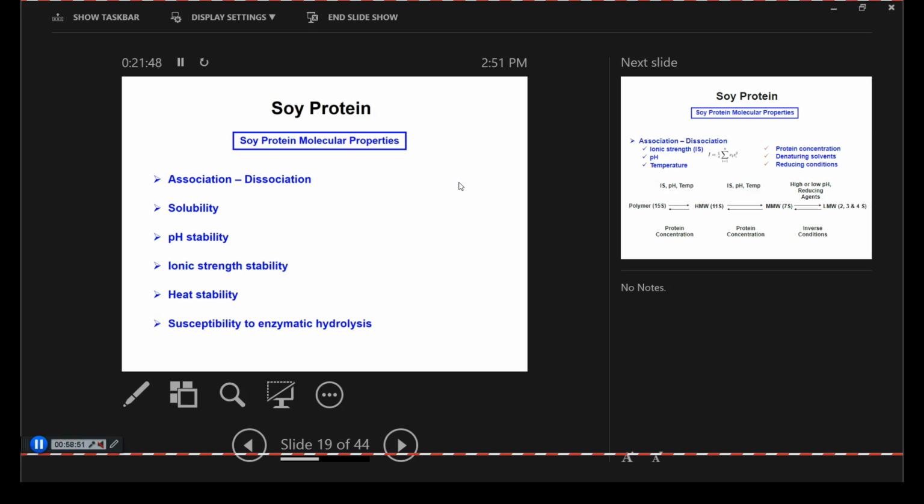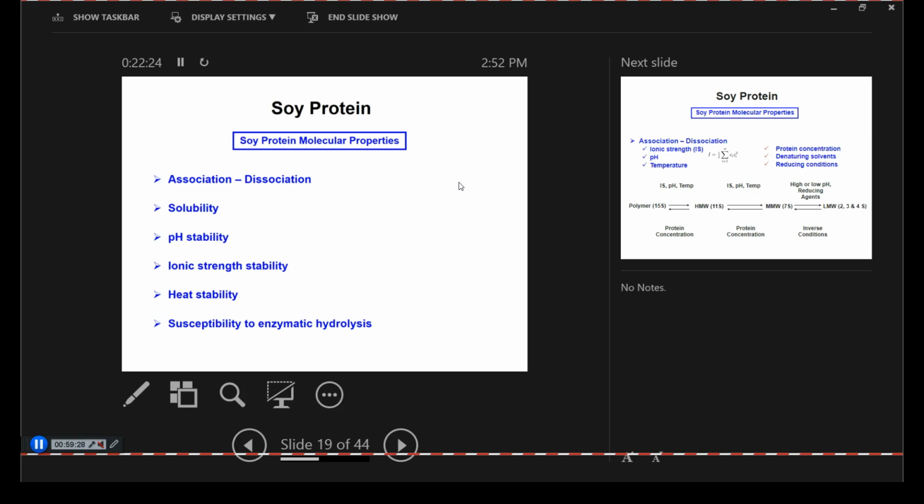With susceptibility to enzyme hydrolysis, I'm not sure if I have a separate slide on this, but I just want to mention what I mean here is, given that it is an oligomer and a large molecule, this means it might not be as susceptible to digestion as another protein that is not a big oligomer. Okay? And then the other thing is there are some enzymes that can hydrolyze certain subunits, some enzymes that won't hydrolyze certain subunits.